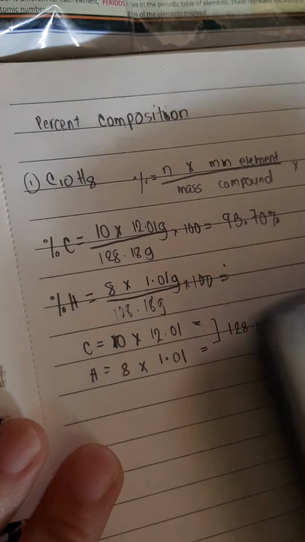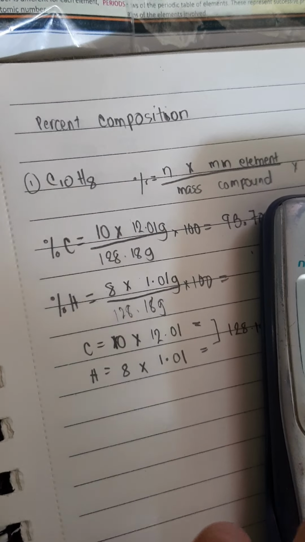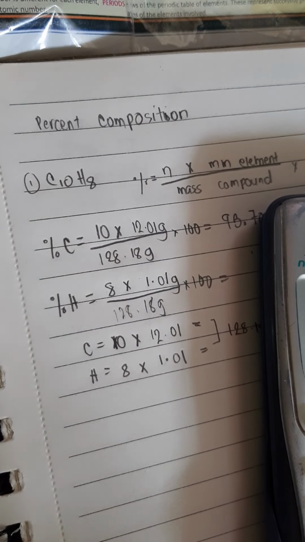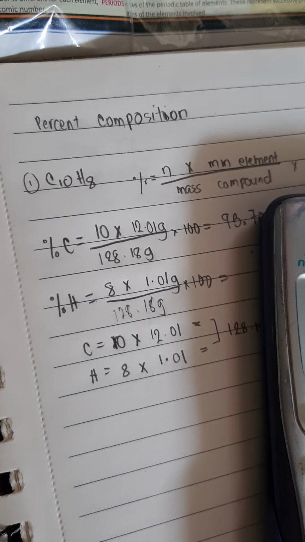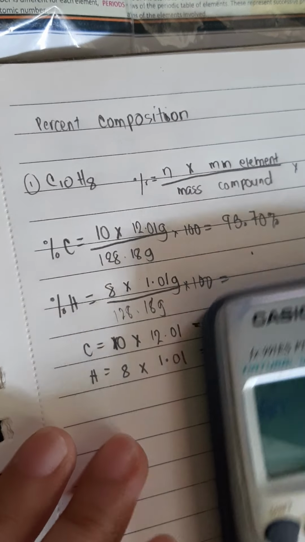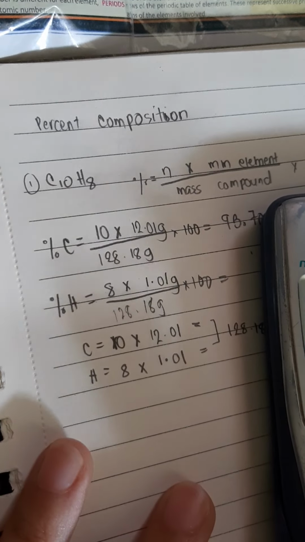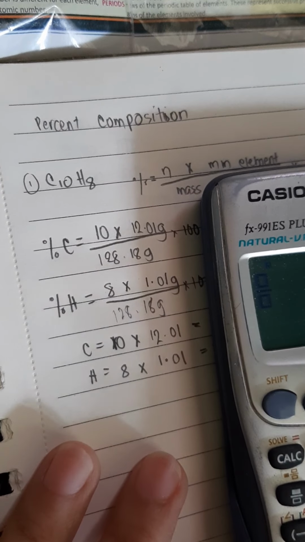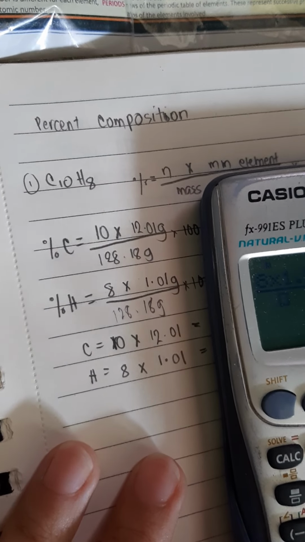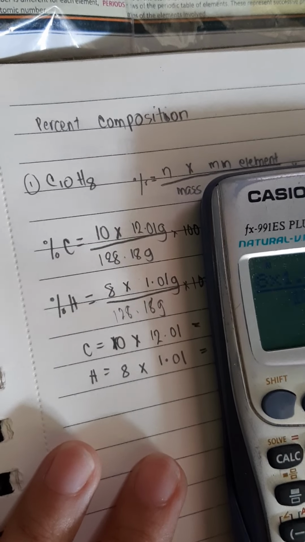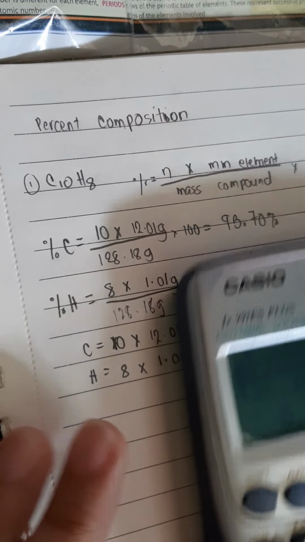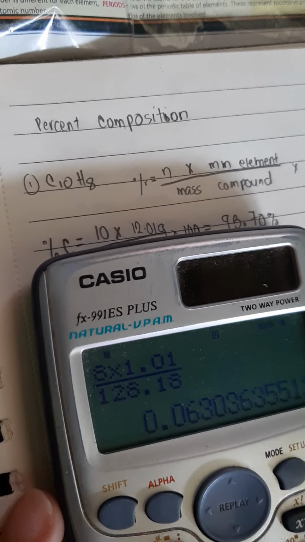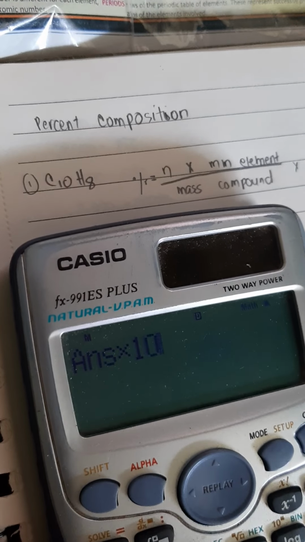So it's 8 times 1.01 divided by 128.18, multiplied by 100.